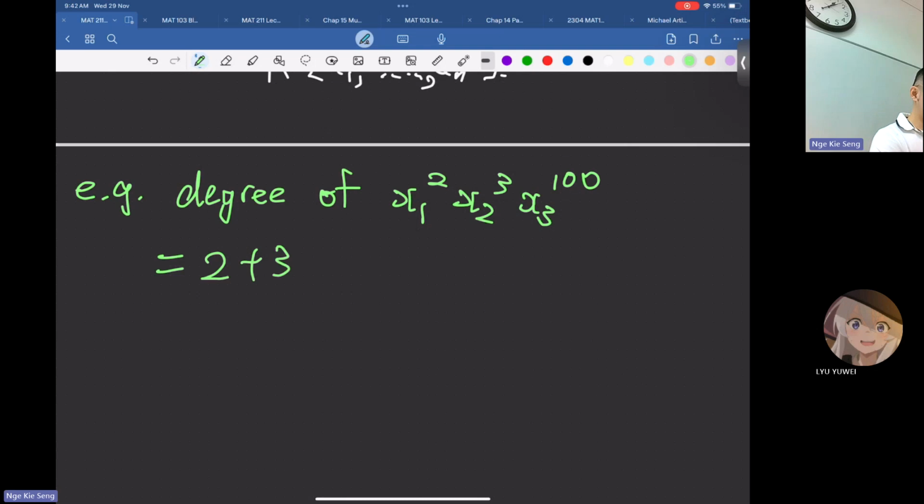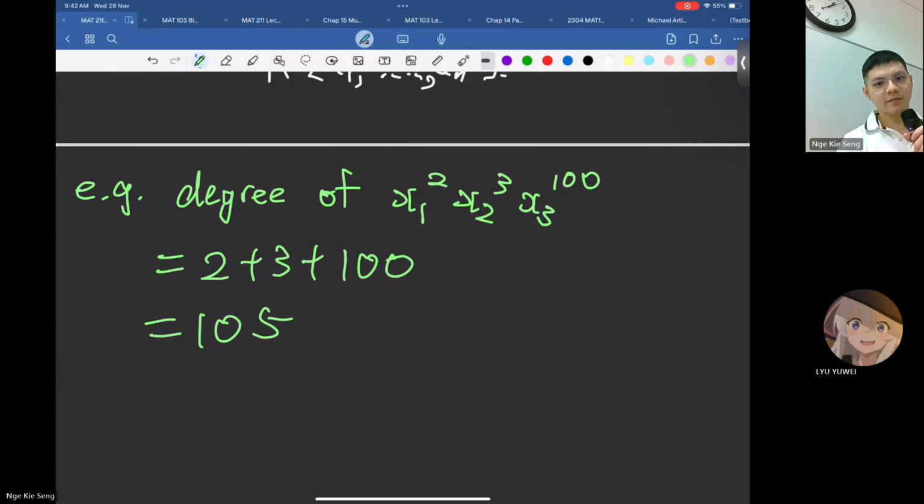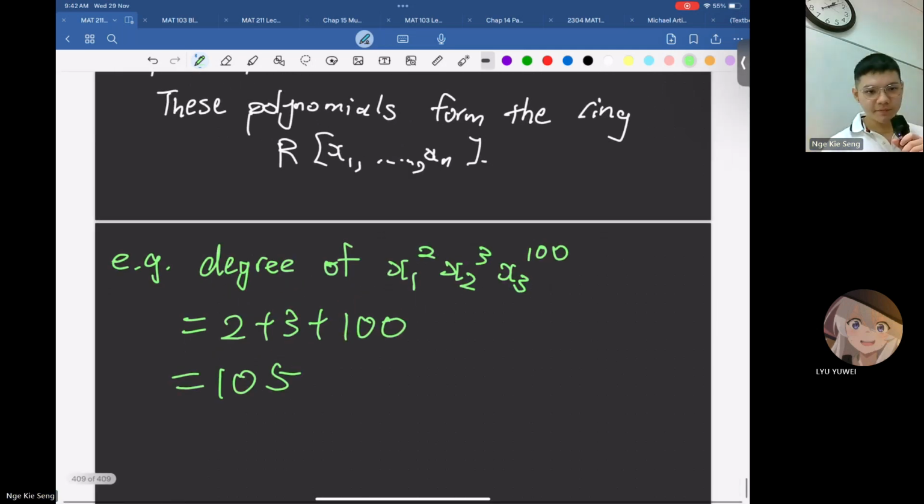It's 2 plus 3 plus 100, which is 105. This is the total degree. It will make sense once I define the degree of the xi. Okay, so far so good.